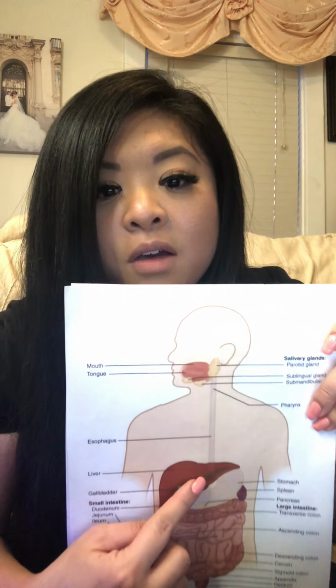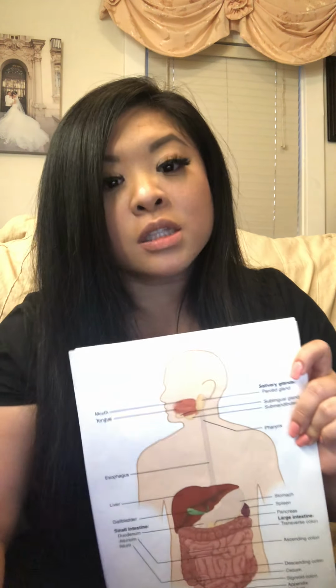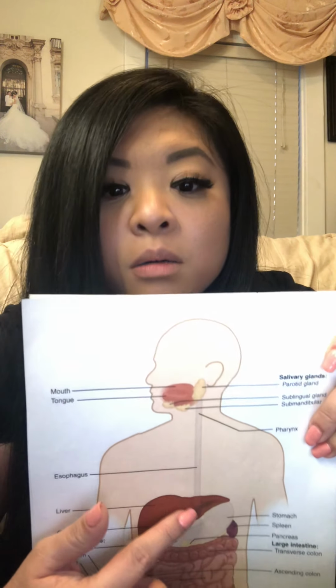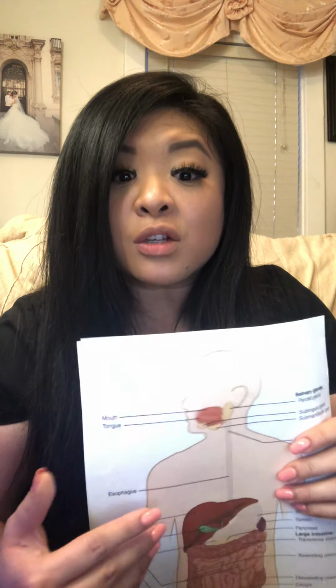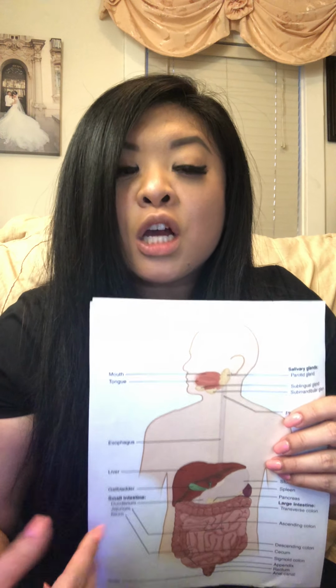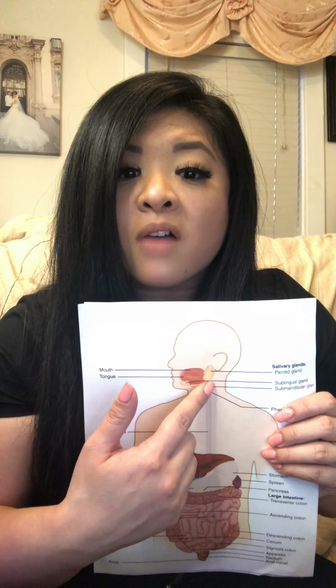At the end of the esophagus, there is a muscular ring called the sphincter. Not sure you can see that, but the sphincter allows food to enter the stomach, and it squeezes shut to stop the food or fluid from flowing back up into the esophagus.